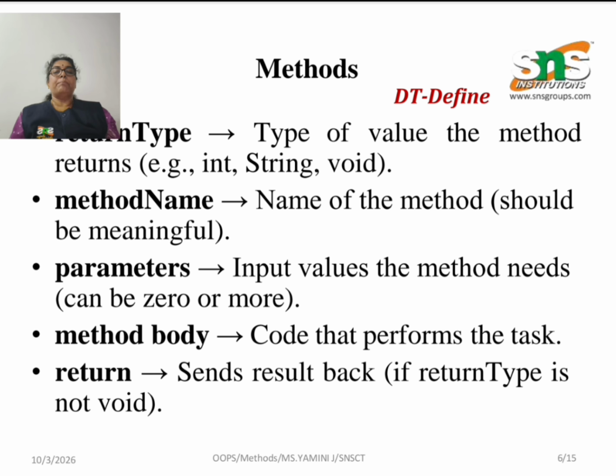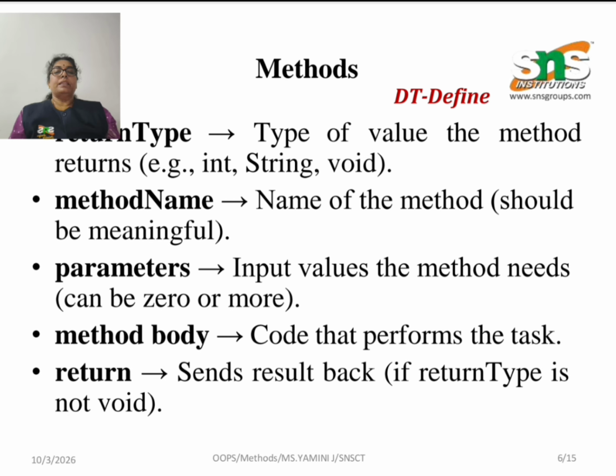Consider a bank application, where we need to calculate interest based on the principal amount, interest rate and time. In this example, we define a method called calculate interest. This method takes three parameters: principal, rate and time.